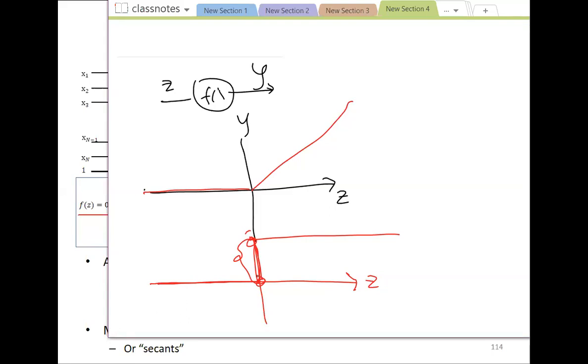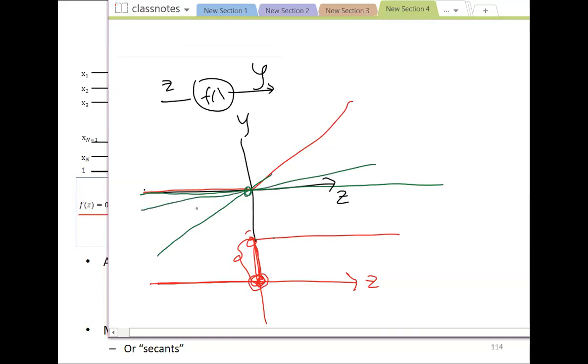If I consider this slope, that slope captures this line at this point. And then there are all of these lines with different slopes, all of which lie entirely under the function. I can take any of these and use their slope in lieu of dy over dz, and it will work. These things are what are called subgradients.